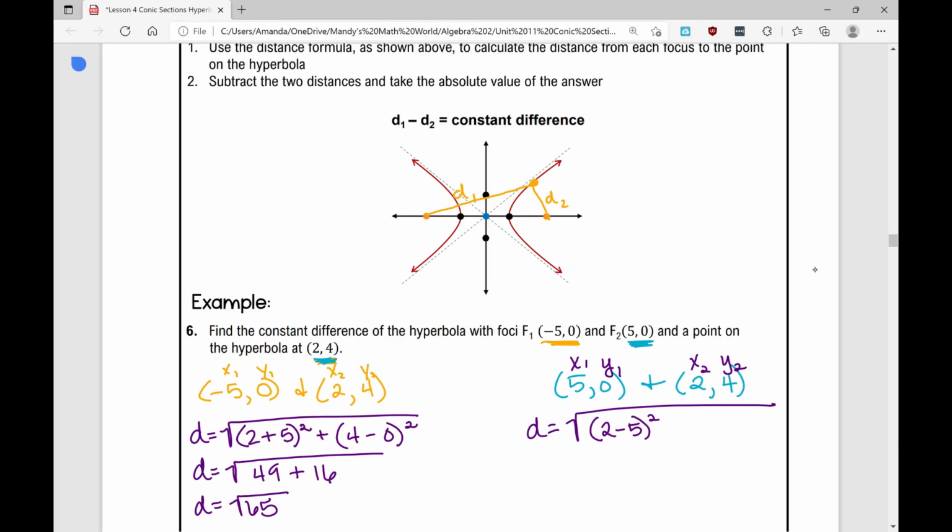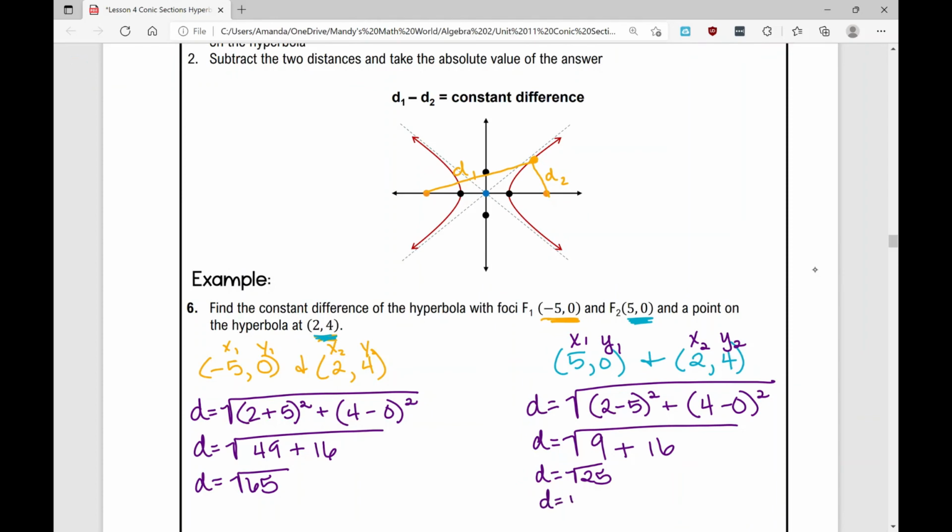I'll square that, add that to 4 minus 0, and then square that. 2 minus 5 is negative 3. Negative 3 squared is 9. Plus 4 minus 0 is 4. 4 squared is 16. 9 plus 16 is 25. And the square root of 25, since it is a perfect square, is 5.